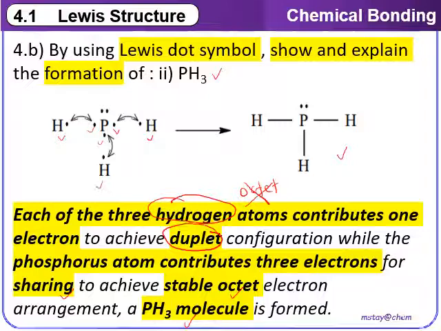So by seeing these two examples, we get the idea that if it is a covalent compound, both atoms, or as in this question, all 4 atoms, contribute electrons.